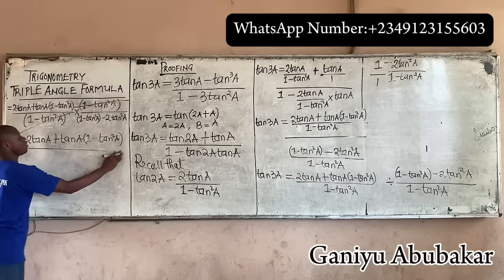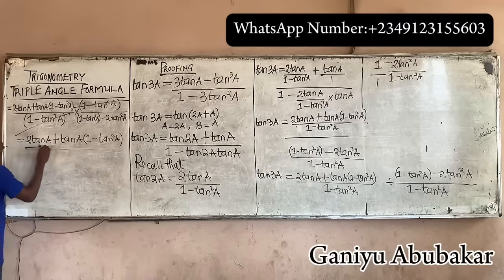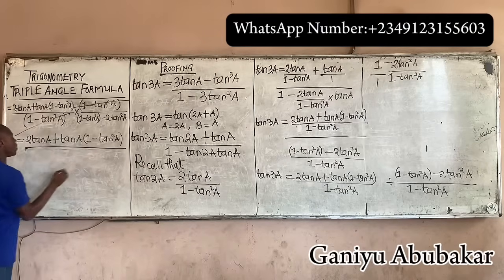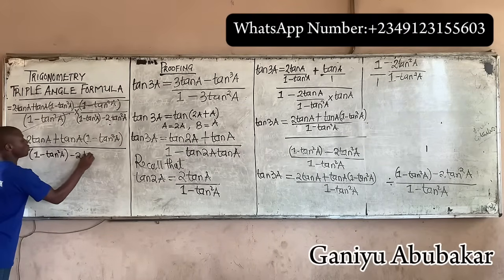All over this one left. So that becomes 1 minus tan squared A, right, minus 2 tan squared A.